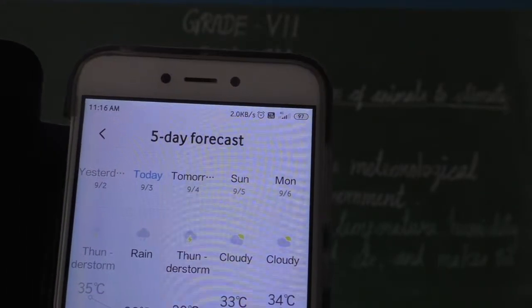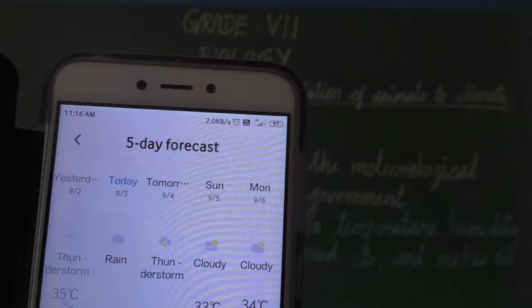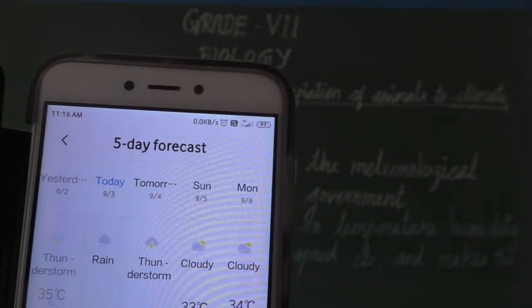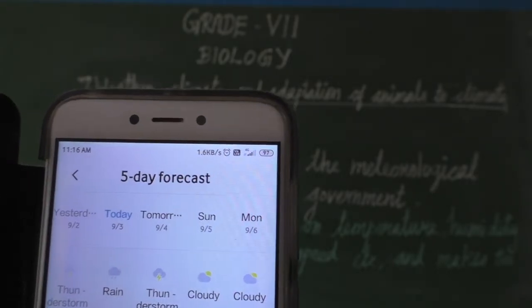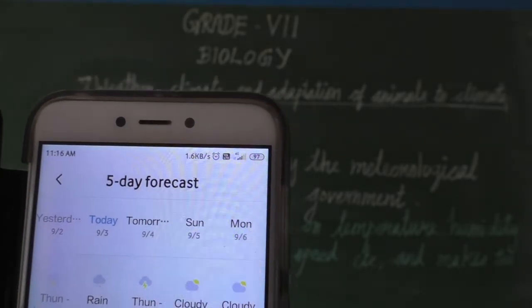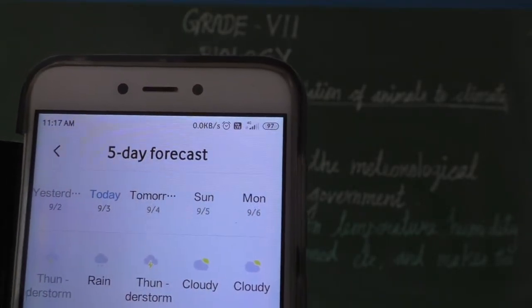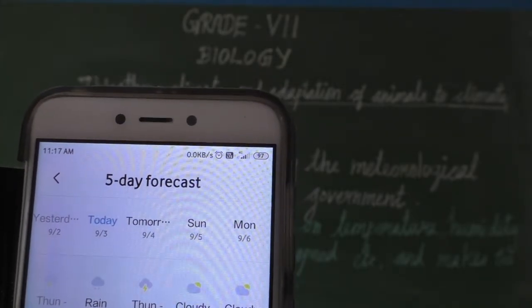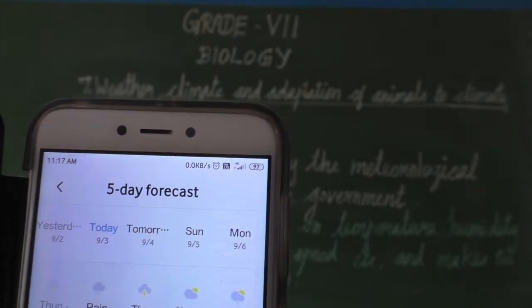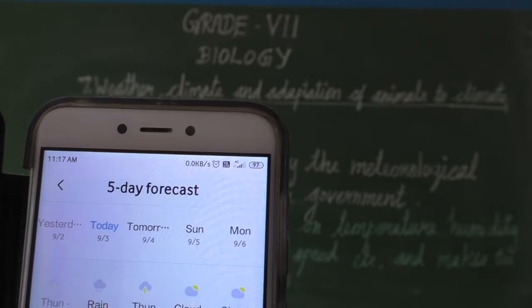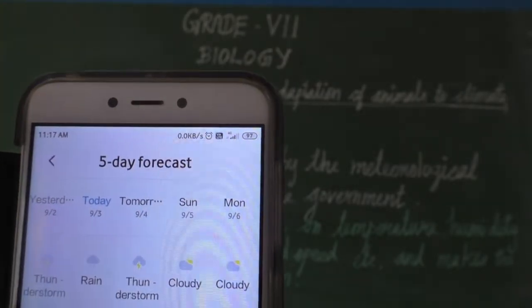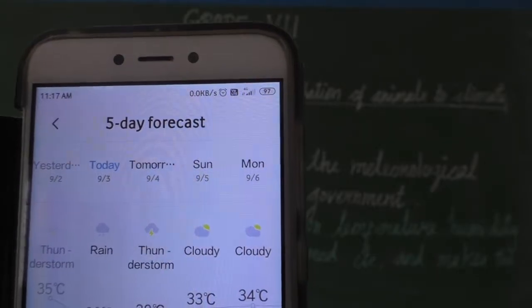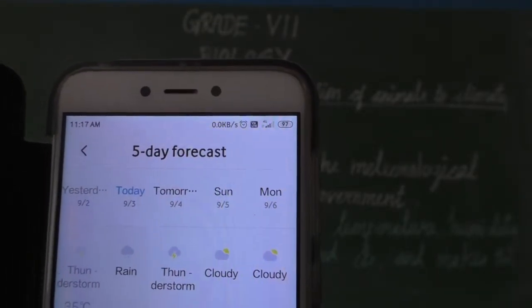Do all the days have the same maximum and minimum temperature, humidity and rainfall? No, all the recordings are not the same, isn't it? Some days it's the same, but some days it differs. So if we take a count over a week, it has considerable variations, isn't it?